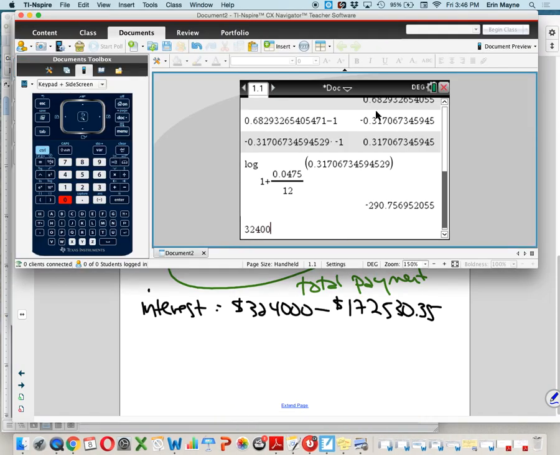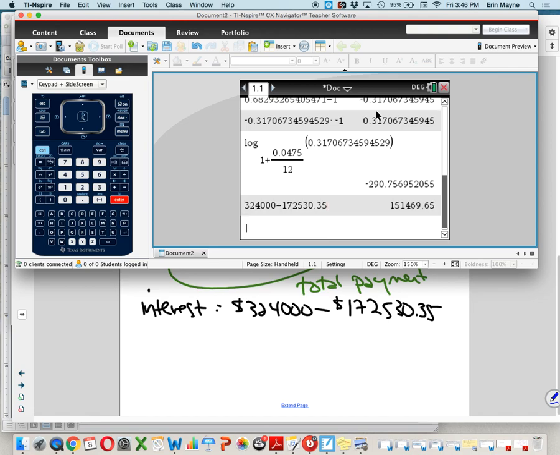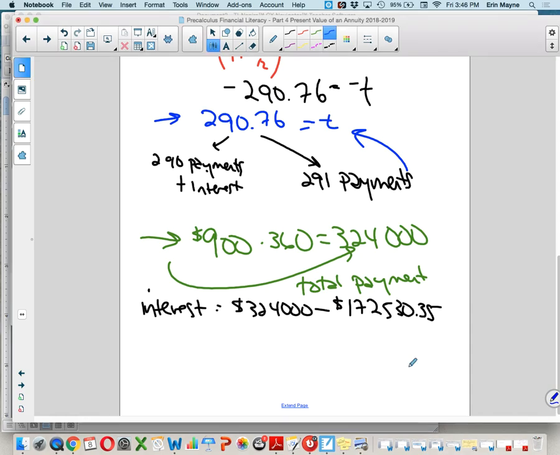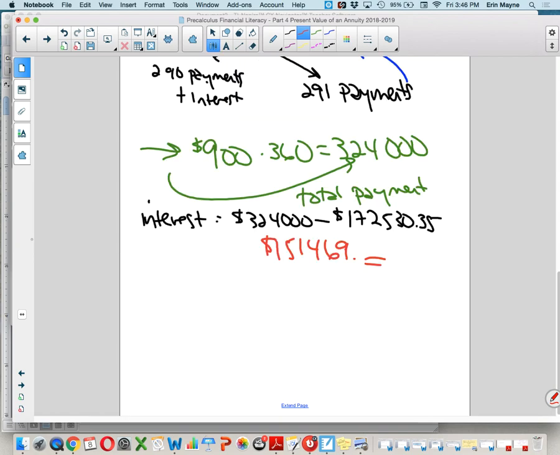We can take 324,000 minus 172,530 and 35 cents to get interest of 151,469 and whatever those cents are in your calculator. Now, ideally, the one thing you should quickly note is, good heavens, that is almost double. We know from last week that we looked at other payments that were exceedingly high.